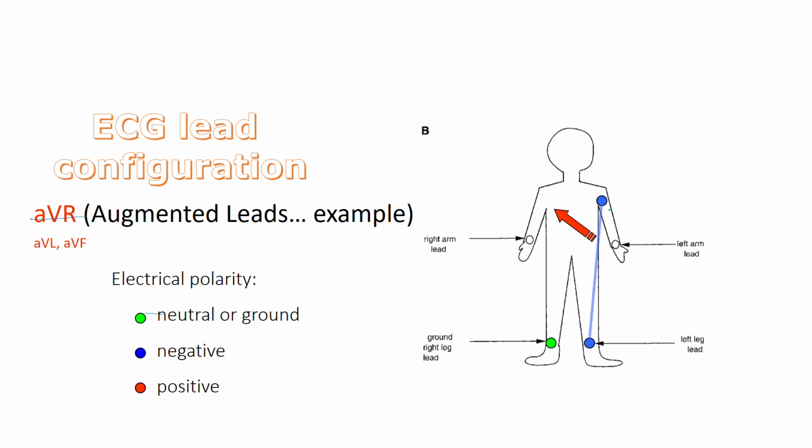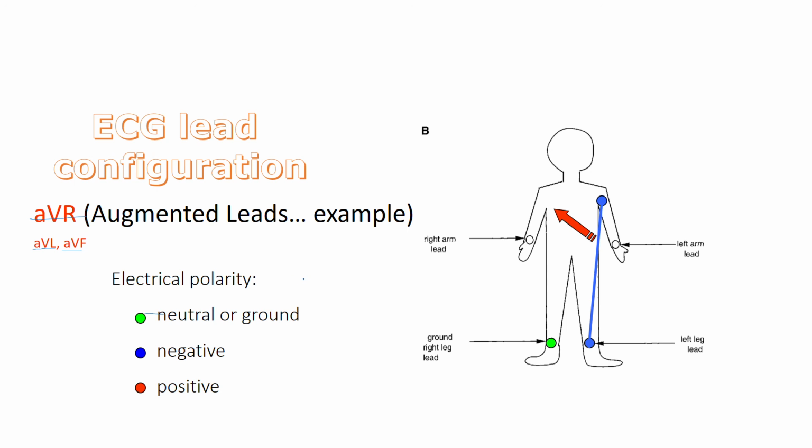You need to take both electrodes as the negative side, with respect, of course, to ground, and measure the potential difference between these leads and the positive lead here. These are the augmented leads. So this is called aVR, the augmented lead, but of course we also have aVL and aVF.